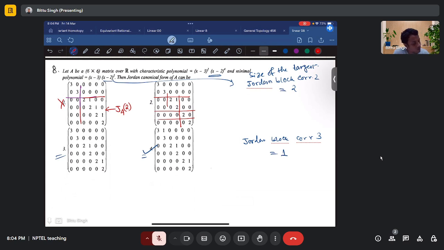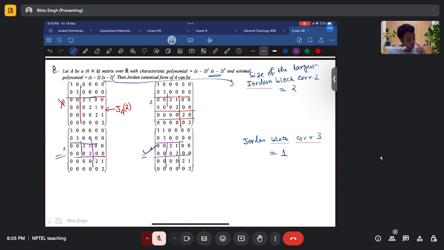For the rest of the options, there is no contradiction we are arriving at. Those are 2 by 2 size Jordan blocks. Similarly here also, there is no contradiction.